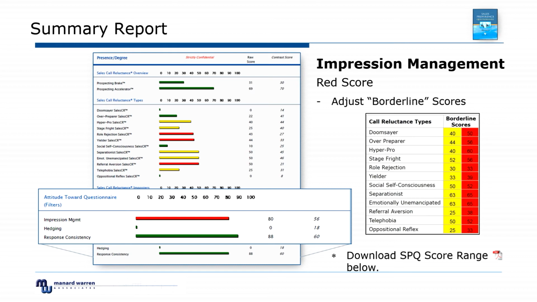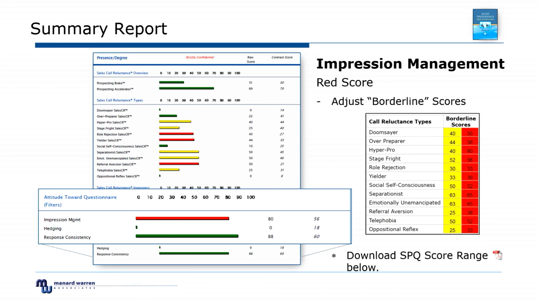So if you have a red for impression management, look at that chart, see if you have any of those borderline scores in any of the 12 types. If you do, then just consider those particular scores reds versus yellows.